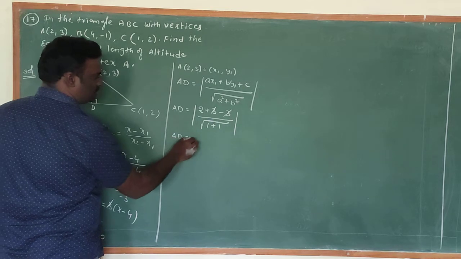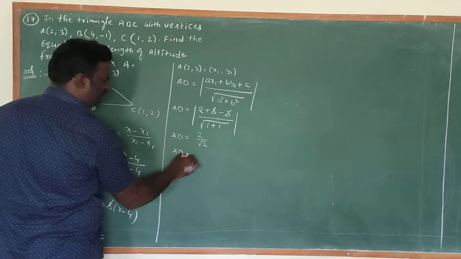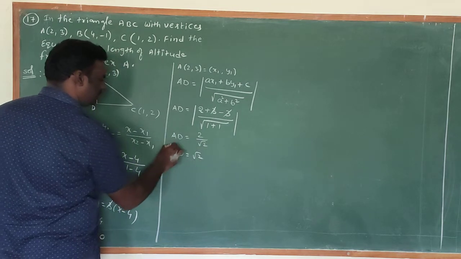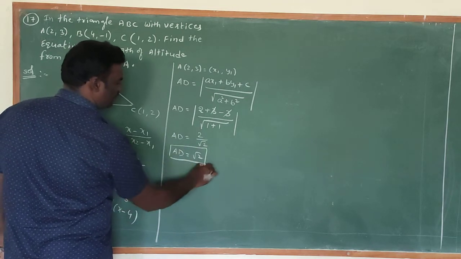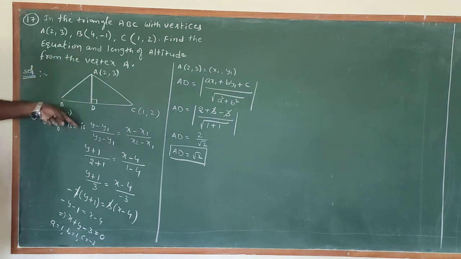Now AD equals 2 by root 2. That is nothing but root 2. This is the length of altitude. Next, we need to find equation of altitude. AD equation we need to find.